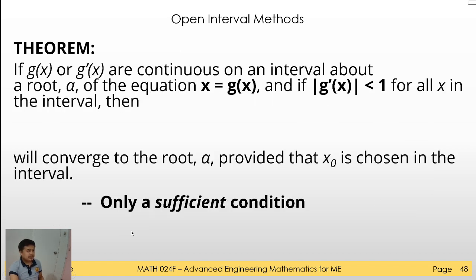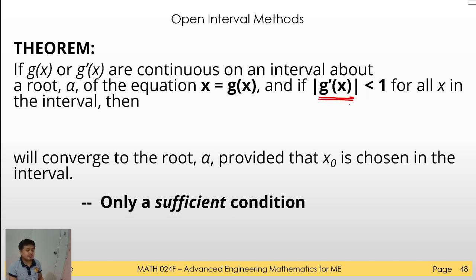Now, what is the condition at which this g of x, this iteration function, will converge? So that is the question, right? It will only converge if the absolute value of the first derivative of g of x is always less than 1. So what does that mean?